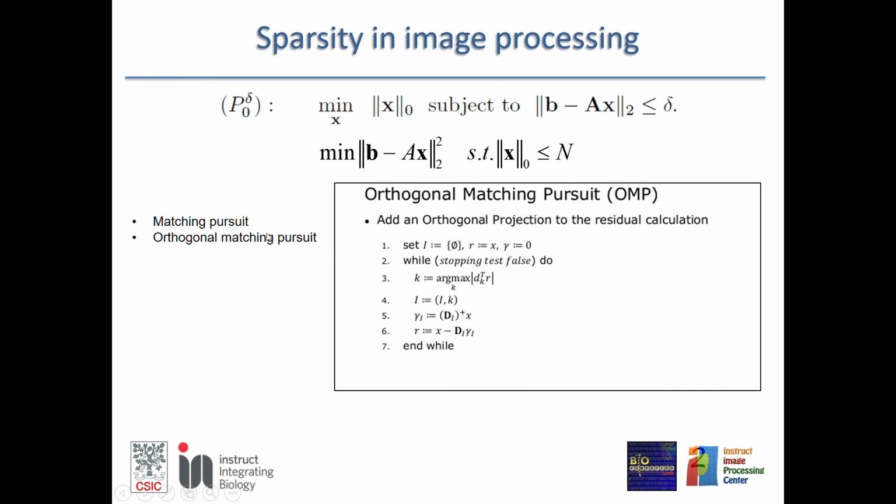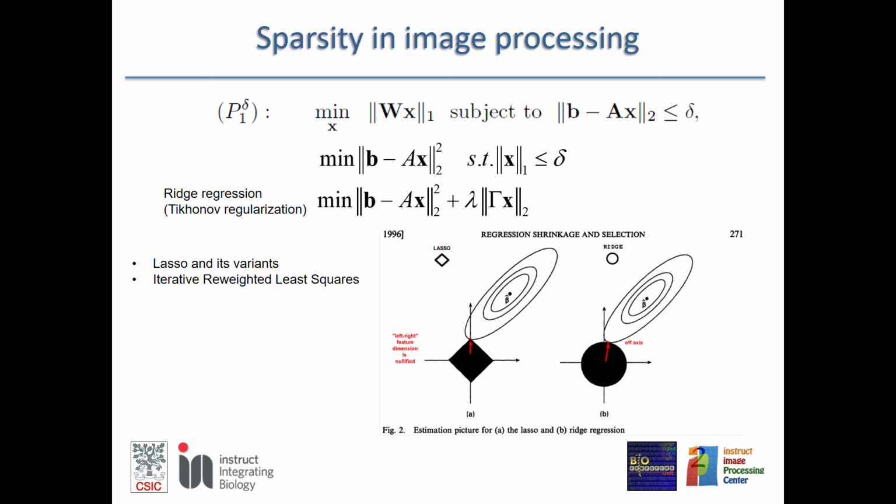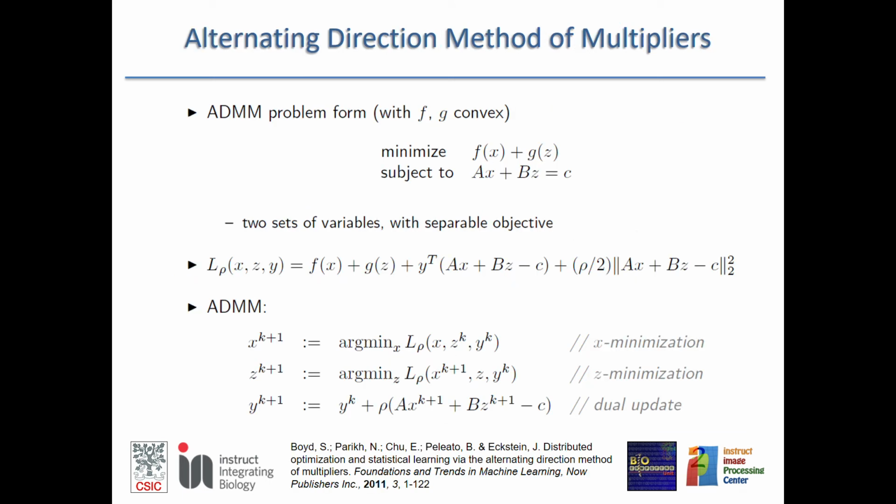And then here you have a plethora of algorithms like orthogonal matching pursuit or matching pursuit or many other variants like lasso, iterative reweighted least squares. So you have many possibilities. And one of the most successful iterative minimizers is the alternating direction method of multipliers, and again it has been proposed also for cryo-EM.